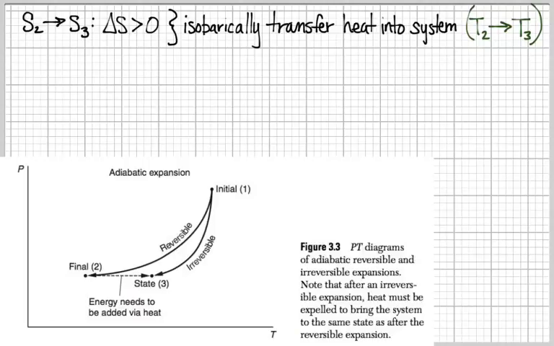So here's figure 3.3. I'm going to go from a final state 2 to a state 3. If I look at just a pressure-temperature diagram, forgetting any of the other information, from state 2 to state 3 I see I'm going horizontally, just an increase of temperature, right?